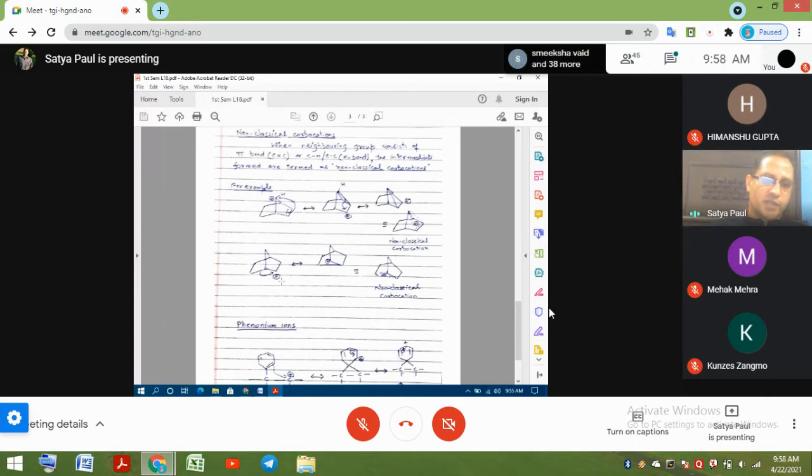When it goes, we have a positive charge on this carbon. First, this bond breaks from here and then this is attached to this one. So this is now attached to this one and the positive charge is on this carbon. Draw this.